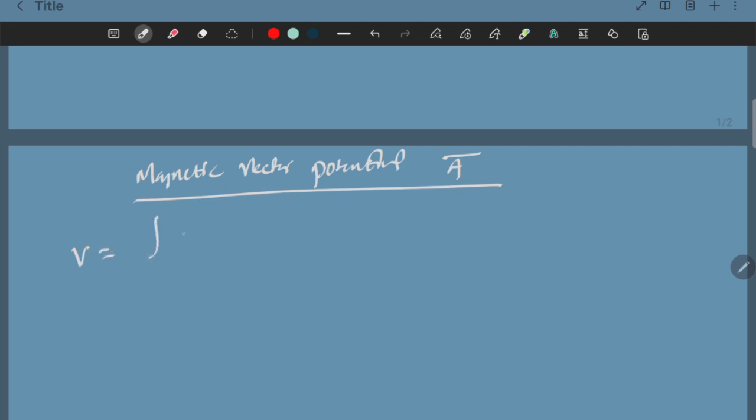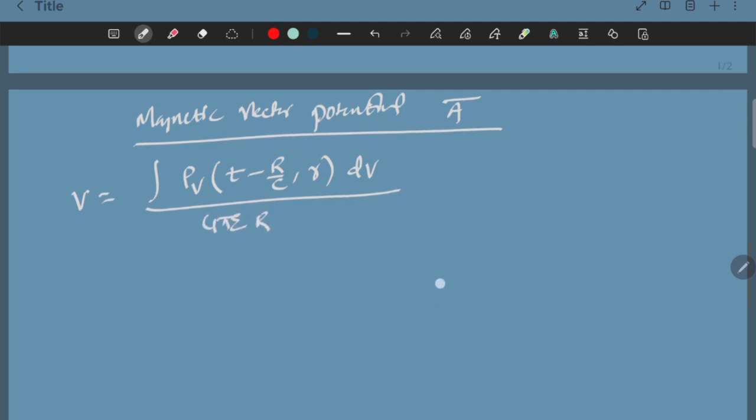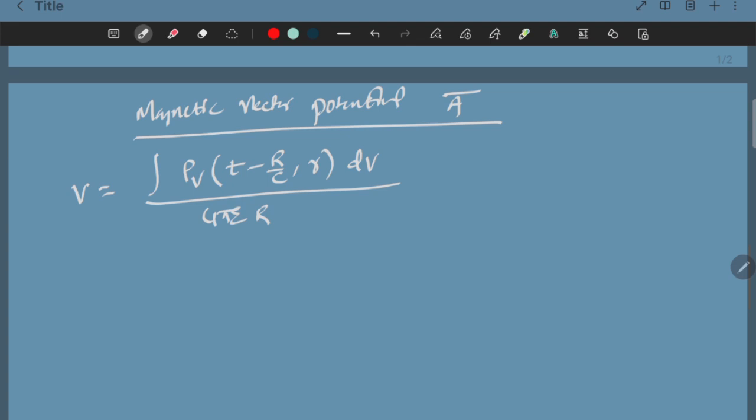V is equal to integral rho v, which is a function of time minus R by c, comma, a function of r also, and here dv by 4 pi epsilon R. What I told you while writing this particular expression: V is proportional to source charge.